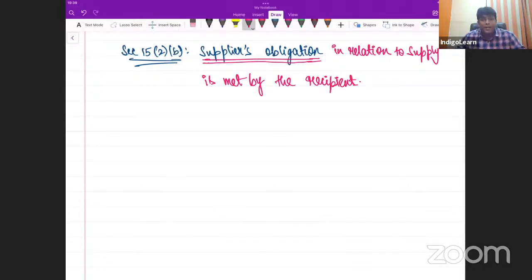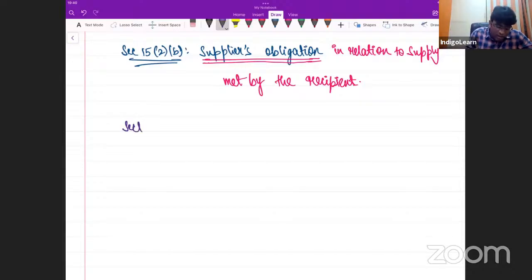Basic fundamental point. What the supplier is supposed to incur is being spent by the recipient. That means indirectly the supplier got some extra benefit, and that is also included in the value of supply. So 15(2)(a) told what? Any tax, duty, cess, fee charged. 15(2)(b) told what? Supplier's obligation in relation to supply met by recipient.